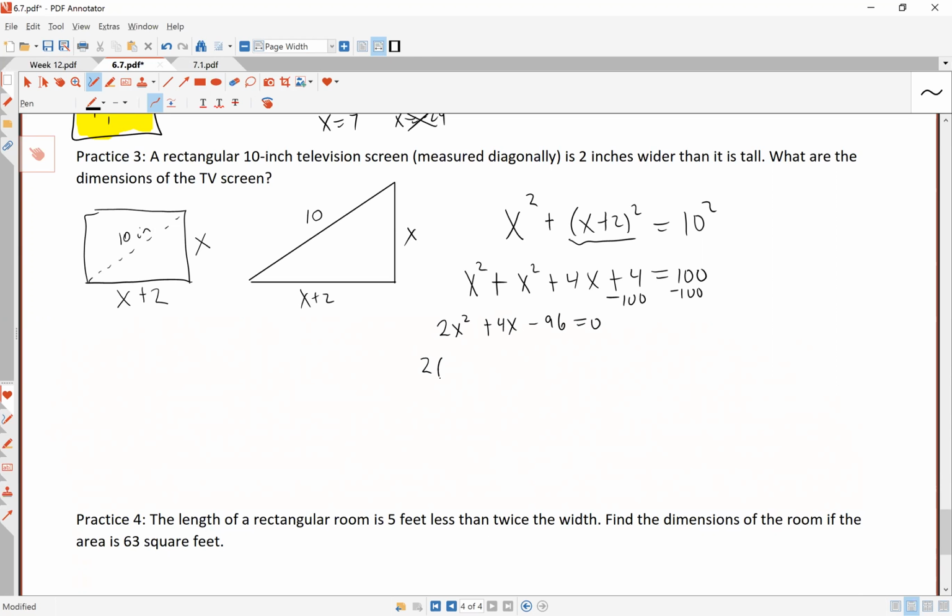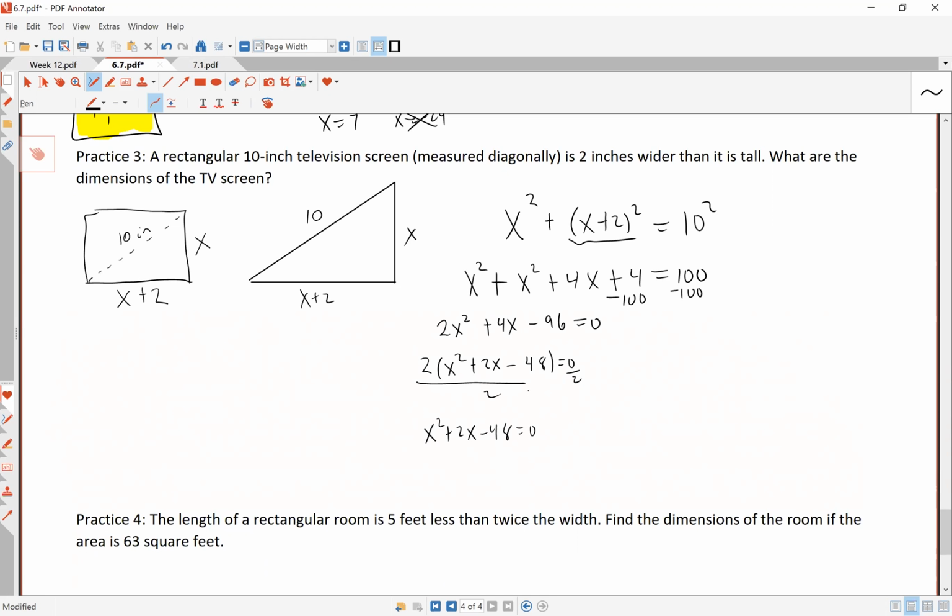So we factor out a 2, giving us x squared plus 2x minus 48. Go ahead and divide out that 2. And when we divide out that 2, we get x squared plus 2x minus 48 equals 0.